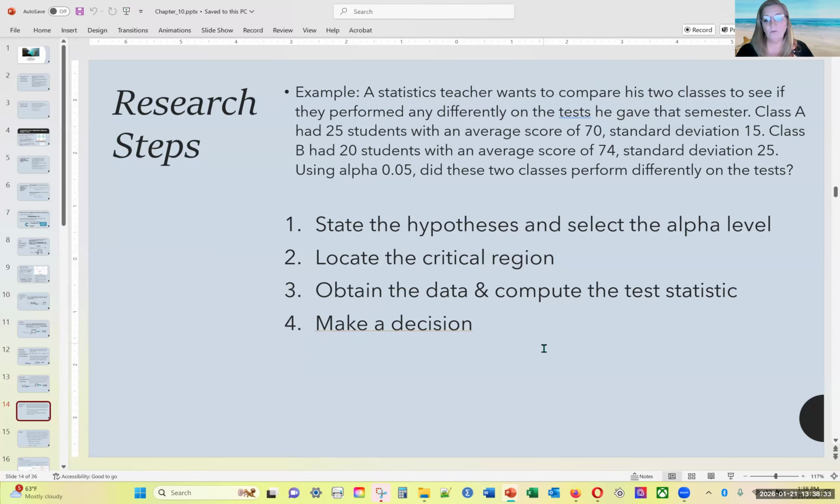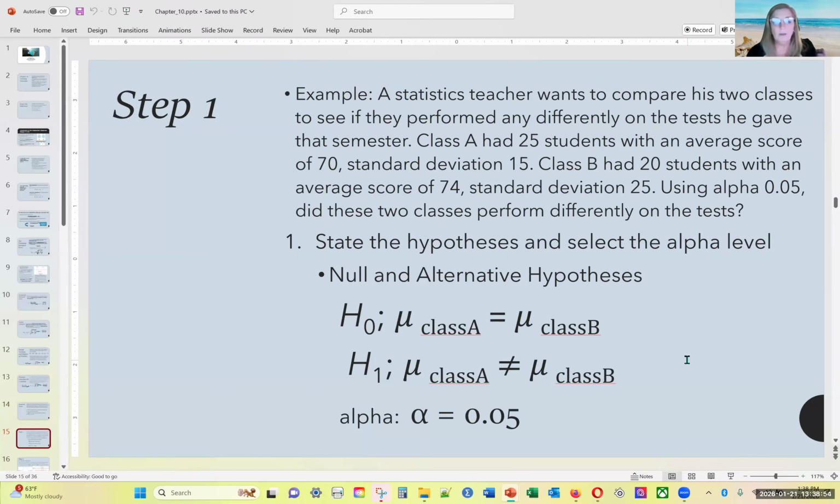All right, so first you state the hypothesis. Remember the same 4 steps: state the hypothesis, select your alpha level, locate the critical region, and we use the same t-distribution table. Obtain the data and then compute the t-statistic. Then you make the decision, all right? So same example here.